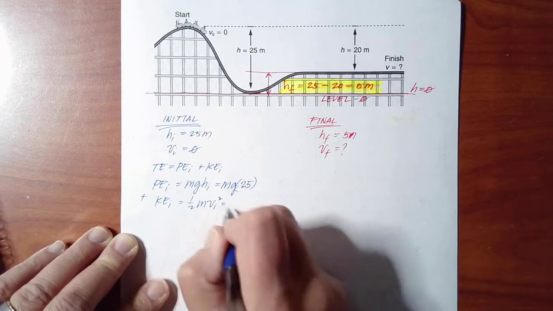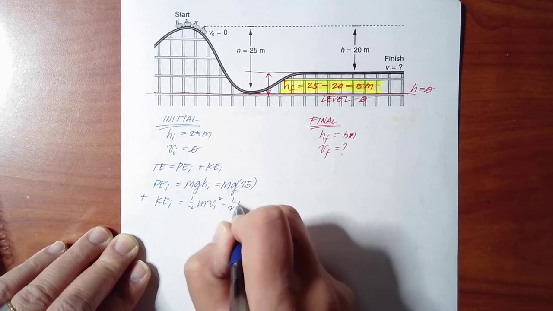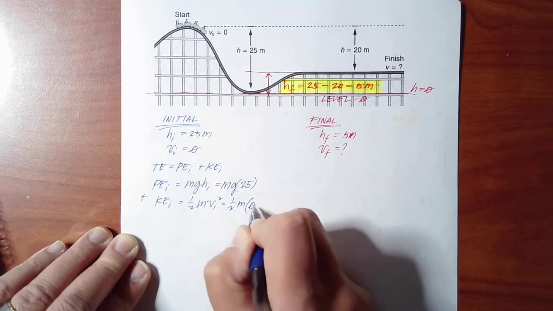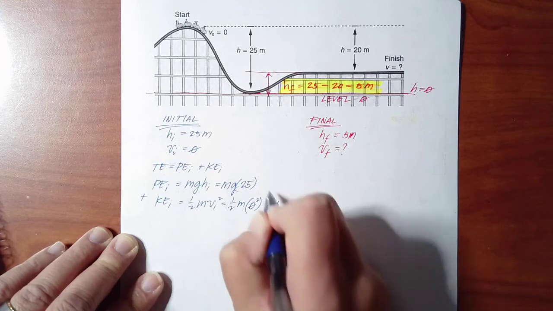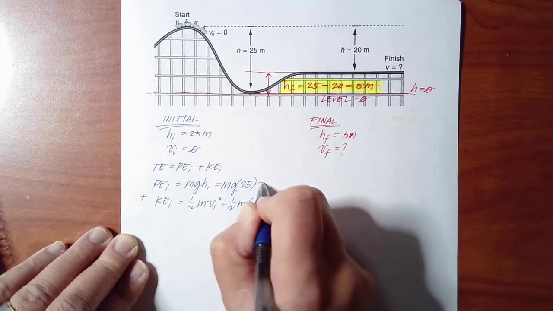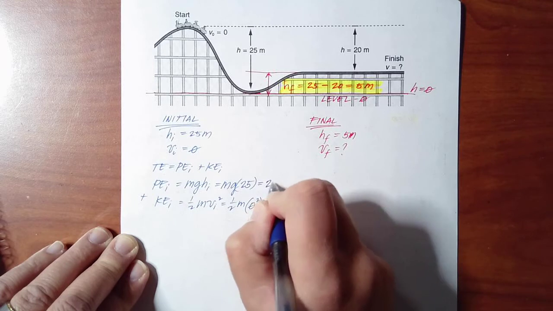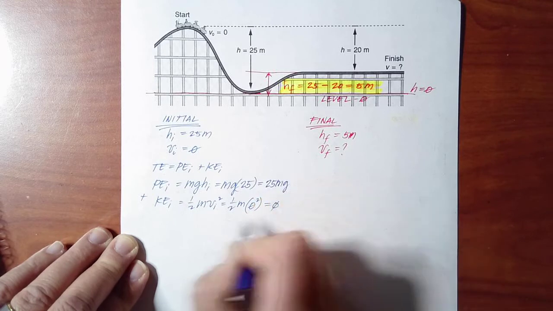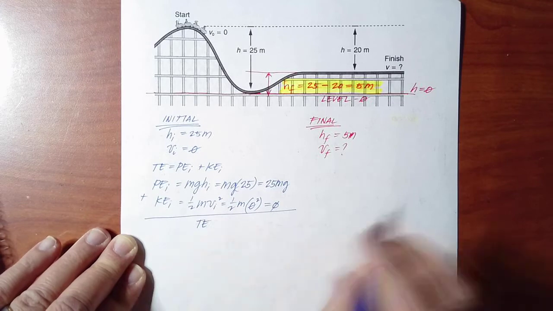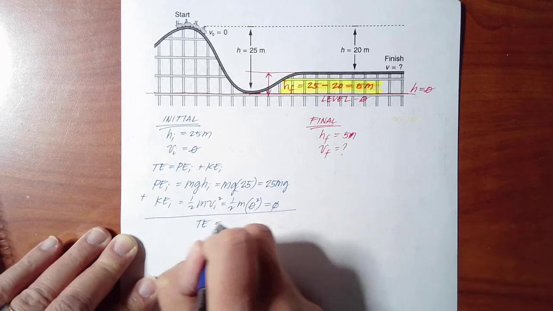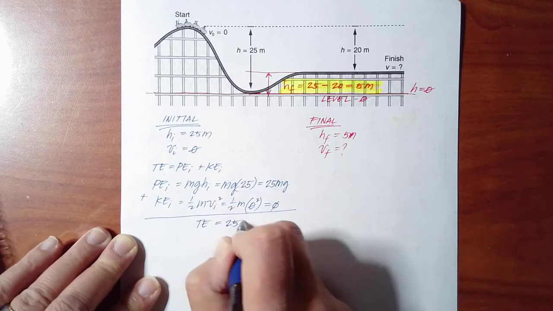But since our initial velocity is 0, our answer there is 0, while our initial potential energy is measured at 25 mg. So let's add those two values together. So we have a total energy that is 25 mg.